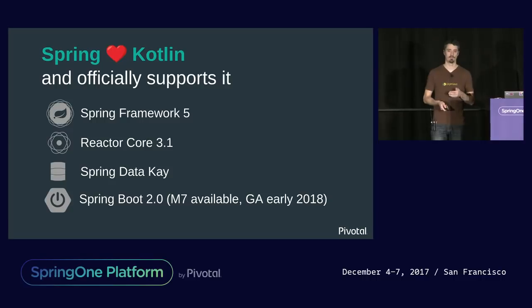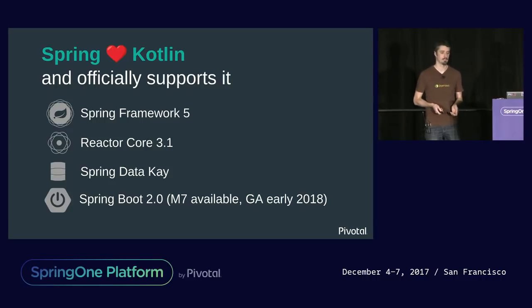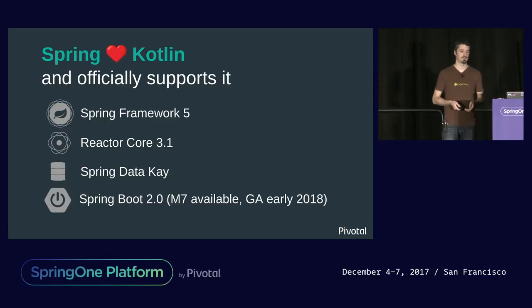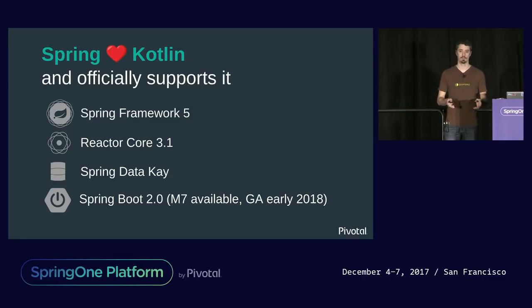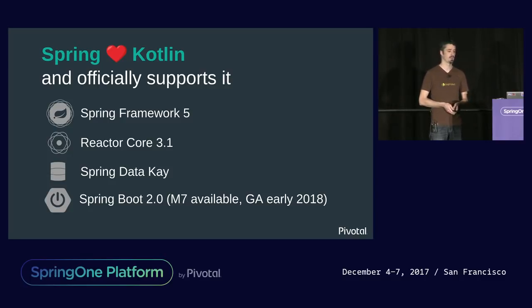Spring Framework 5 provides first-class support for Kotlin, and a lot of its features are usable in the Spring ecosystem. But there is also Kotlin support in Reactor 3.1, Spring Data KeyValue, and Spring Boot 2.